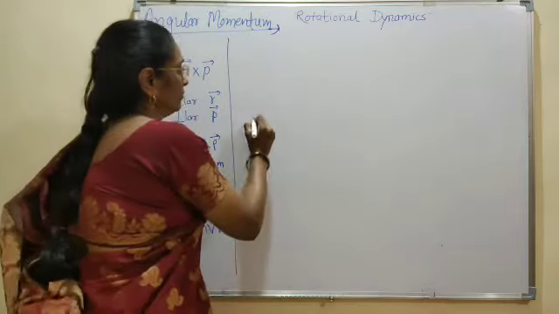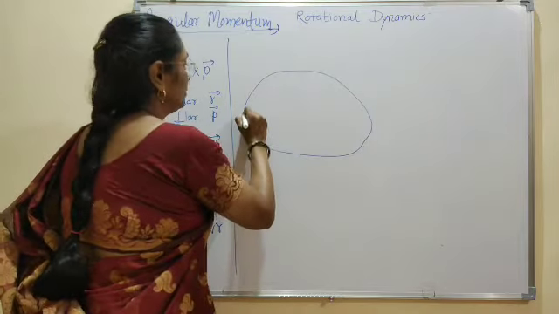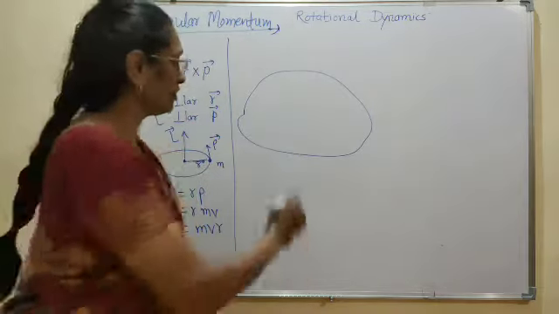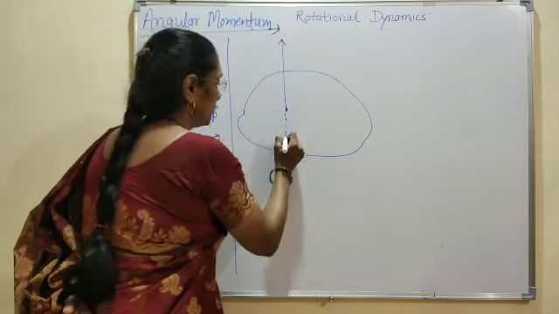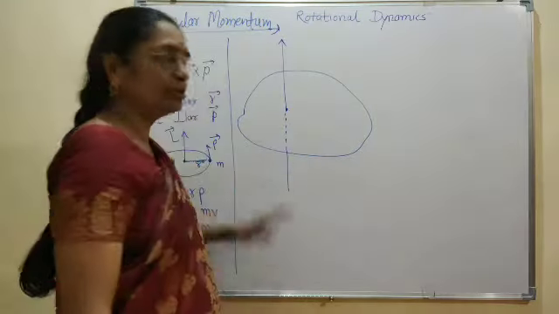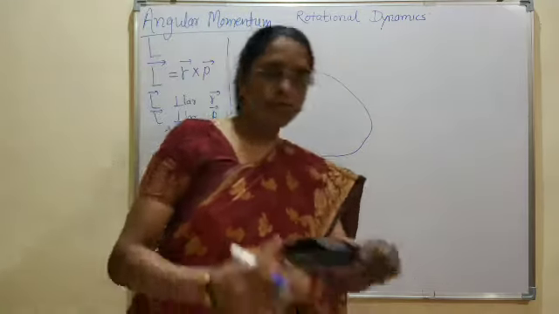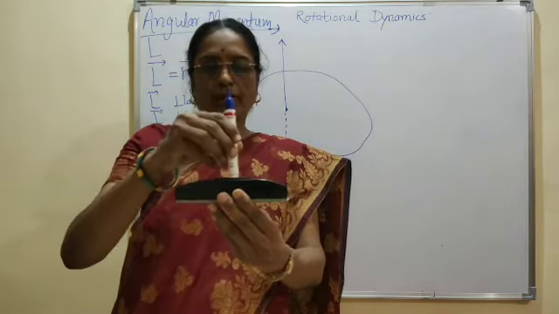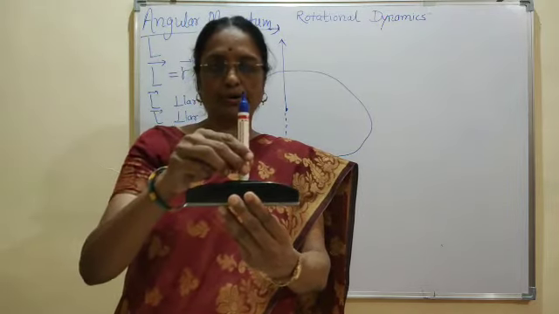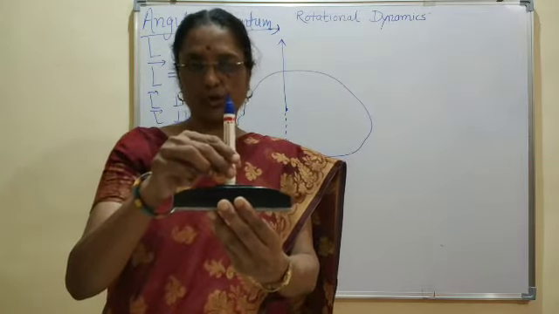So here we consider a rotating body of irregular shape. Axis of rotation is shown, which is perpendicular to the plane of the figure. We have to consider the body in this way, and the axis of rotation is perpendicular to the plane of the body or plane of the section of the body.